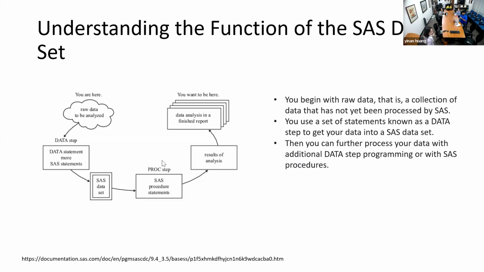With that turning into SAS data sets, during this process you can also manage the data in a way that you are interested in. There may be just two or three variables you are interested in, or maybe just several observations. Those data accessing and data management tasks are all implemented here using a data statement.